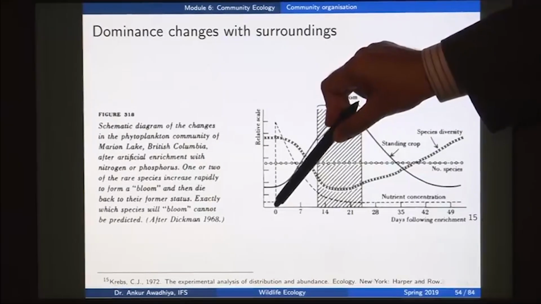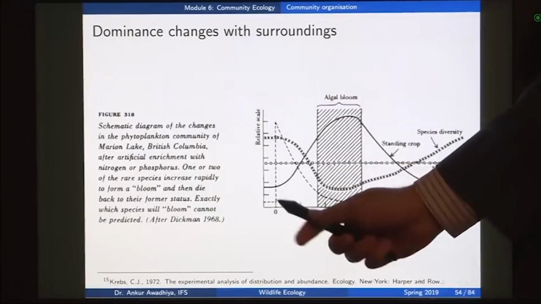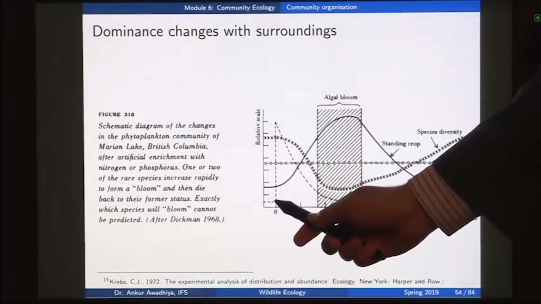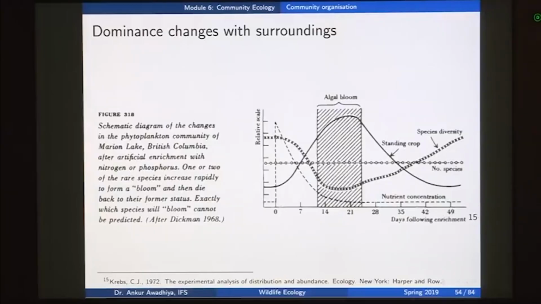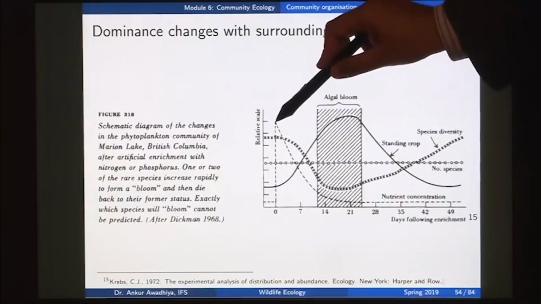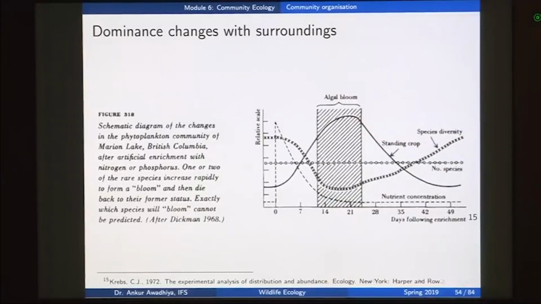So, when you put the nutrients, this is the 0 level. So, before day 0 you have this dashed line, then you spiked it with nutrients, and after a while the concentration of the nutrients starts to come down. Now, why does any nutrient come down in concentration after a while?